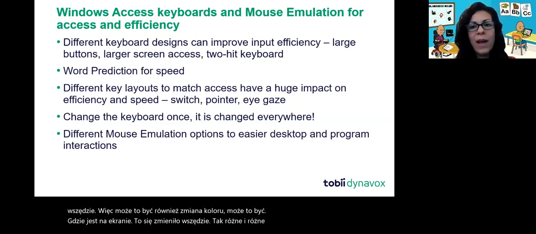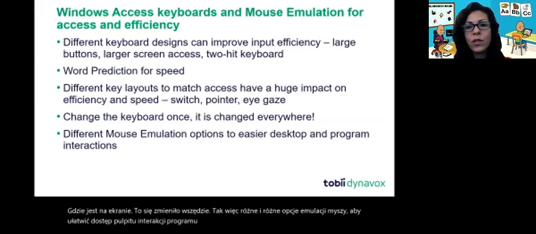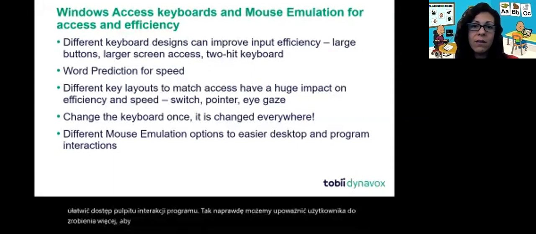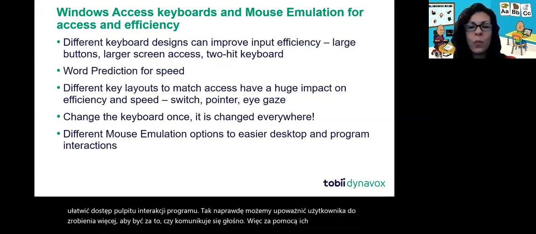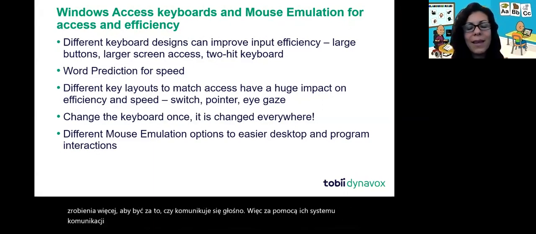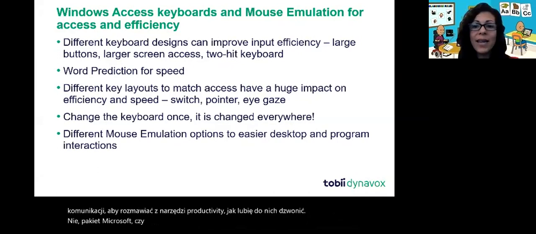So really we empower the user to do more, to be in charge, whether it's communicating audibly, using their communication system to speak, working with productivity tools, as I like to call them, the Microsoft suite, or accessing entertainment apps or the internet, they're able to take control, be independent, and do more.